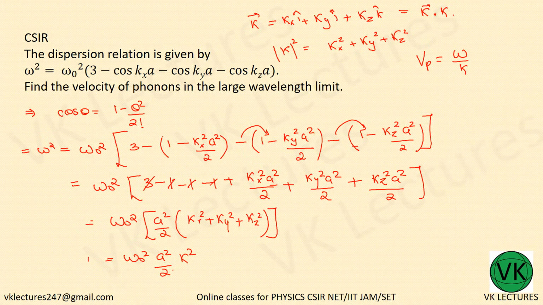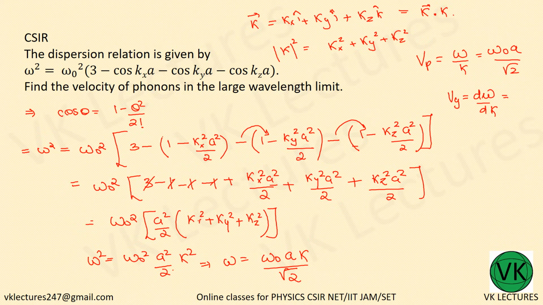So this is omega squared, then omega I can write as omega naught a k by root 2. So Vp is equal to omega by k, that is equal to omega naught a by root 2, and Vg is equal to d omega by dk, that's again equal to omega naught a by root 2. So since Vg equals Vp, this is again a non-dispersive medium.